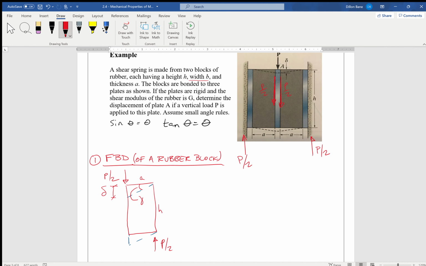But now, after load, it is deformed, and we have some new angle that's developed, and we'll call that gamma. Looking at our diagram here, we can say that tangent of gamma is equal to delta over A.